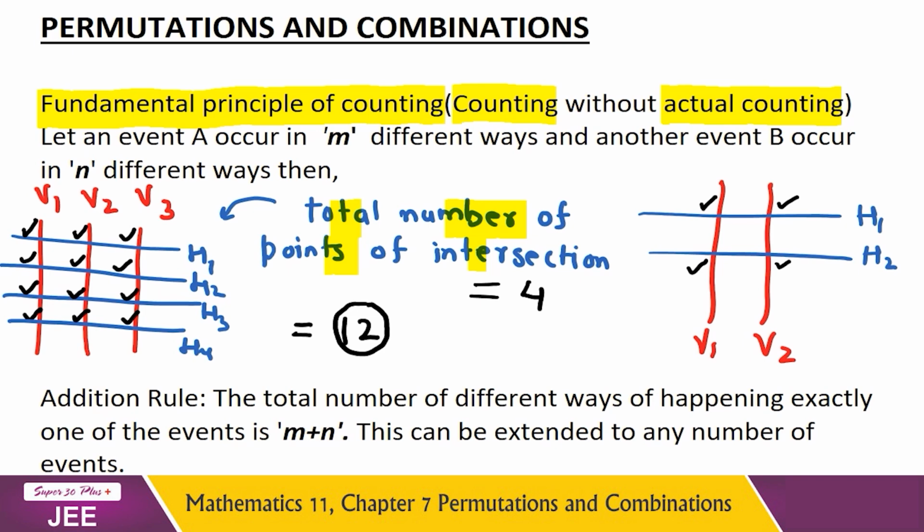But how can I directly arrive at this answer, that is 12? You have to simply multiply two numbers, 3 and 4. When you multiply 3 with 4, the answer is going to be 12. And why have I multiplied 3 and 4? Because I have 3 vertical lines and 4 horizontal lines.